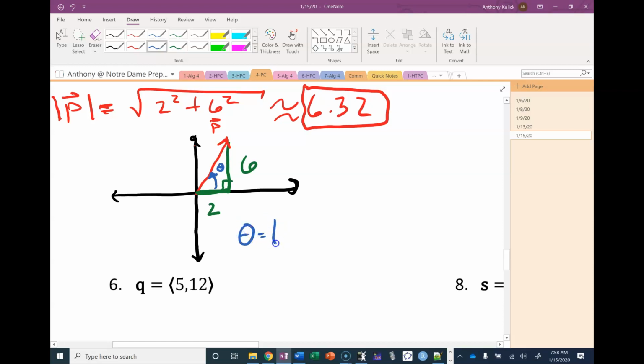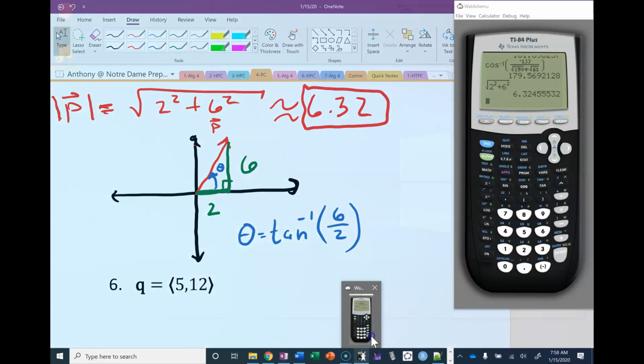Since this is a right triangle, I can use SOHCAHTOA. Because I'm given the opposite and adjacent sides, I'm going to use inverse tangent to find this angle measure. Tangent is opposite over adjacent. So to find that direction, I need inverse tangent of 6 over 2.